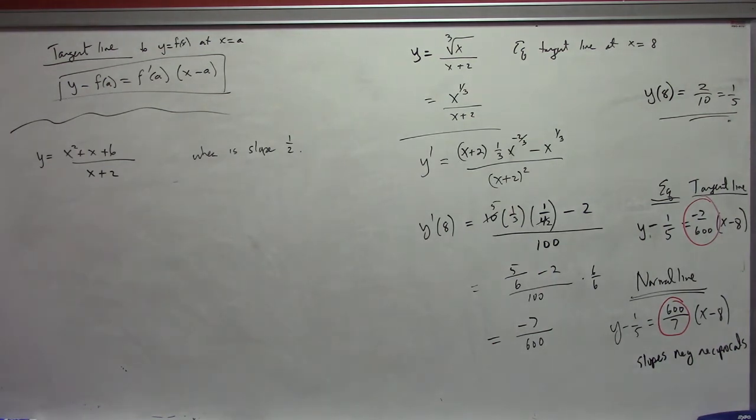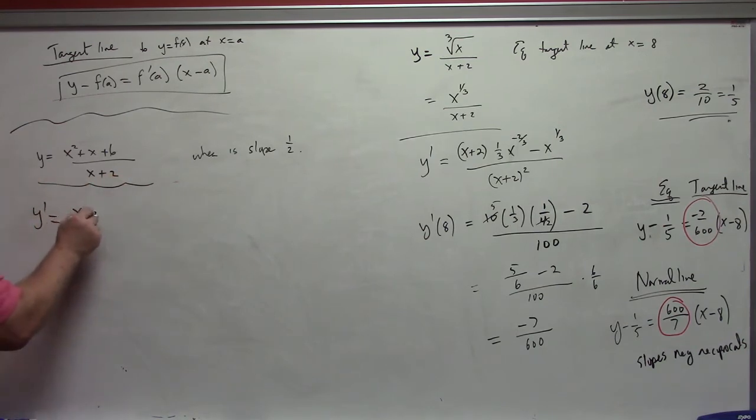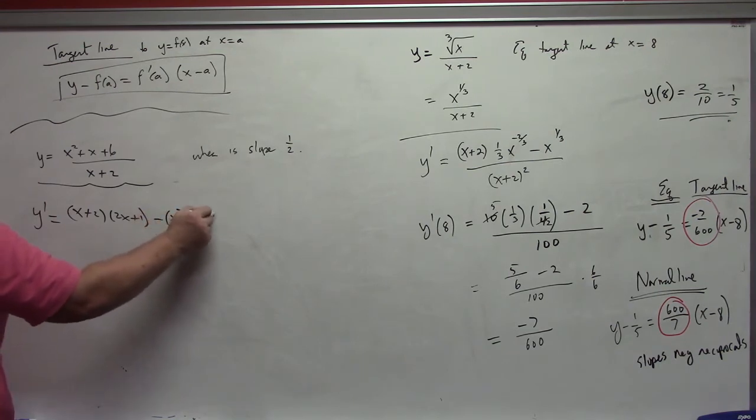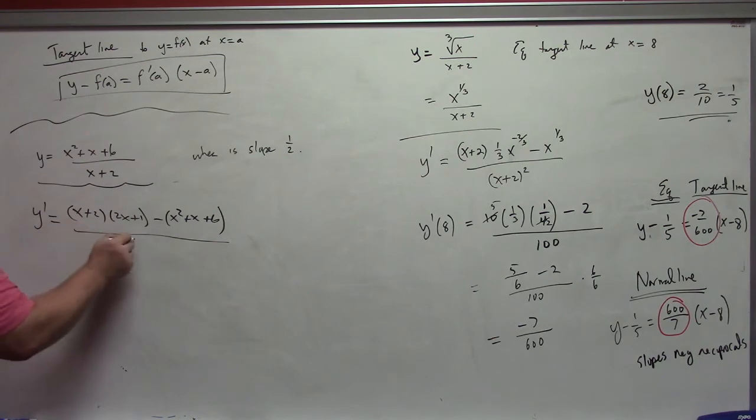So the first thing I would do is find the derivative. Again, I will use my quotient rule: bottom times the derivative of the top, minus the top times the derivative of the bottom, which is just 1, all over the bottom squared.